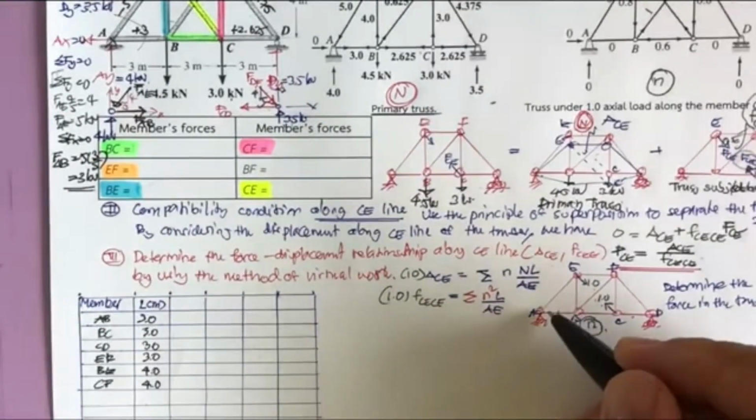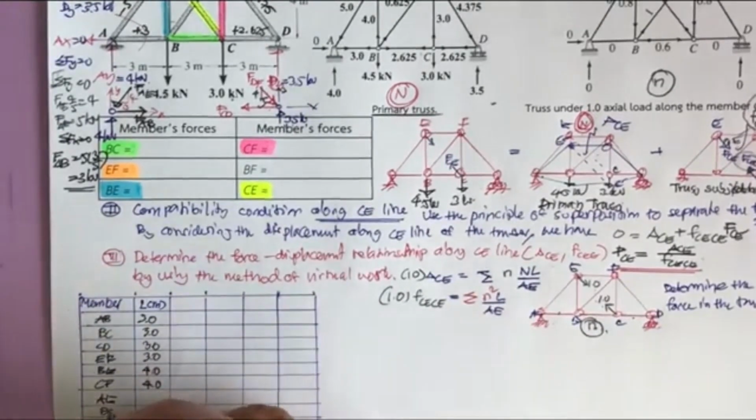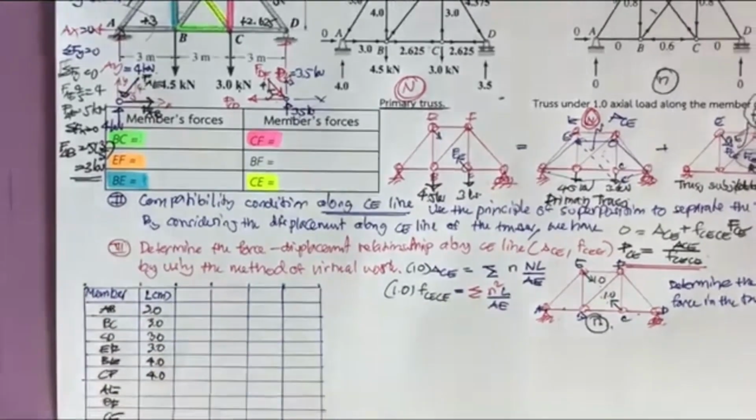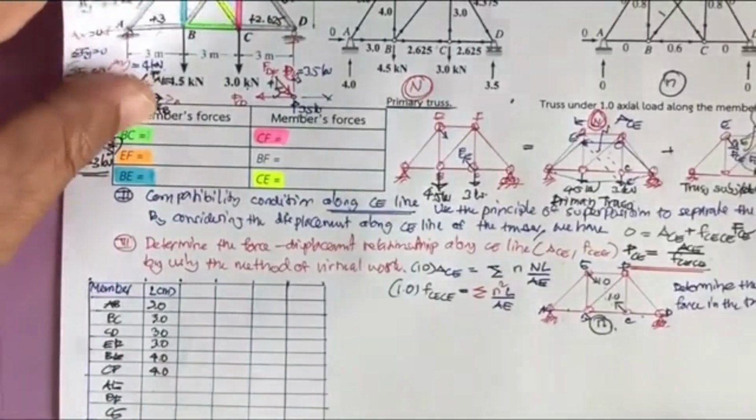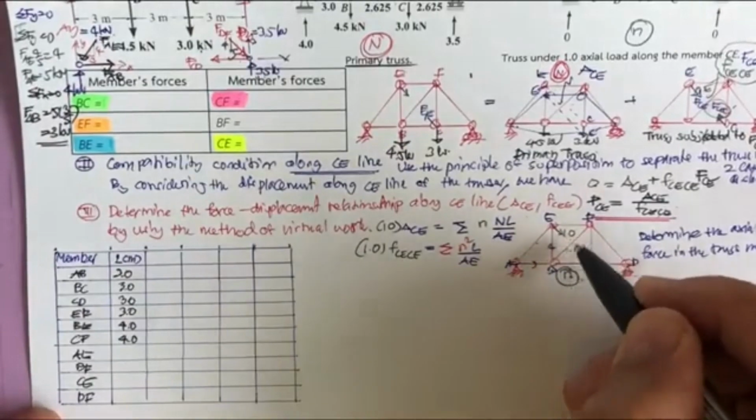And the last four, AE, BF, CE, and DF, are the diagonals with 3 and 4, so the length is 5, 5, 5, and 5.